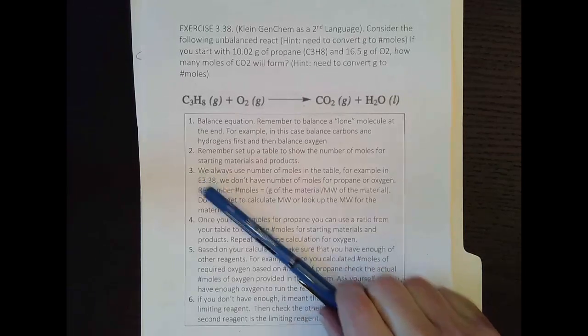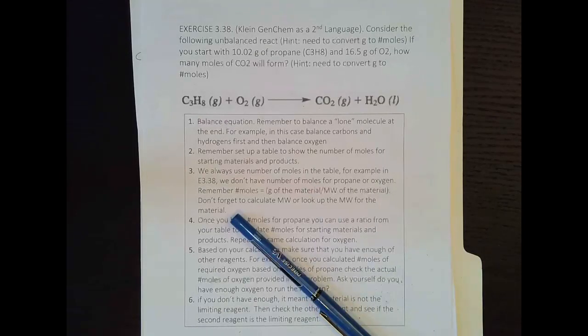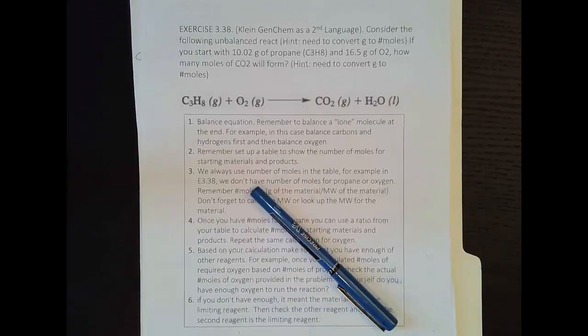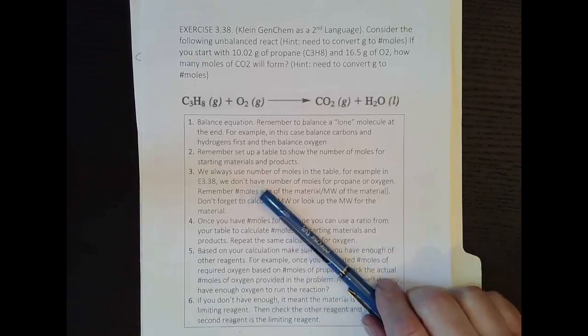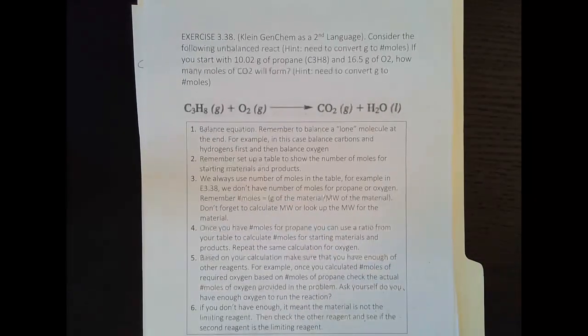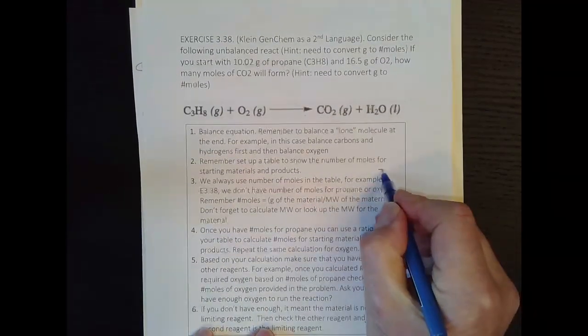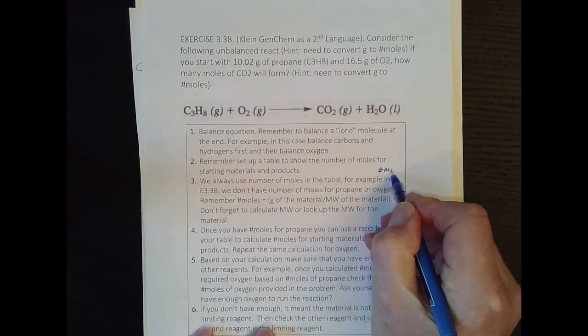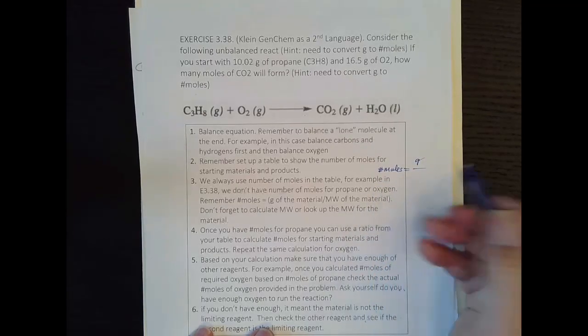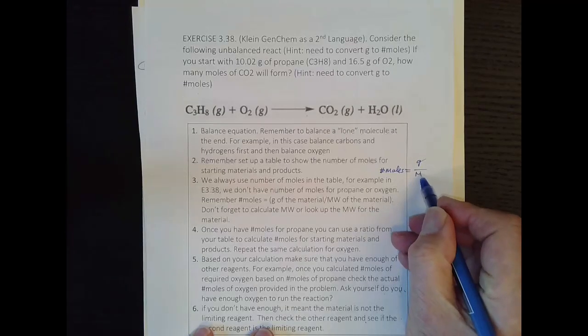Number 3, I wrote down we need to measure the number of moles, and remember, the number of moles is always the grams over the molar weight. That's really good to remember. If you remember this formula, it's really going to help us: grams of anything over molecular weight of that material.